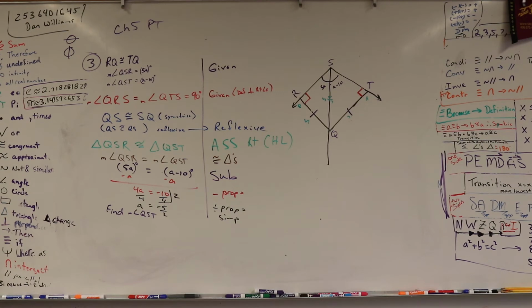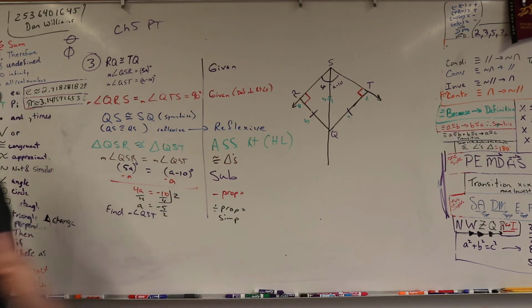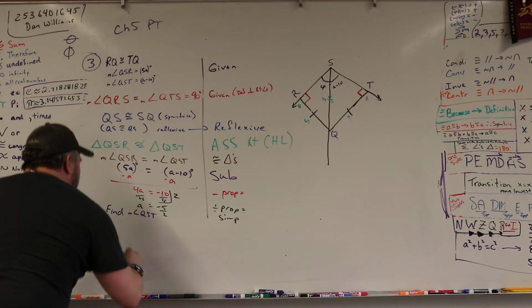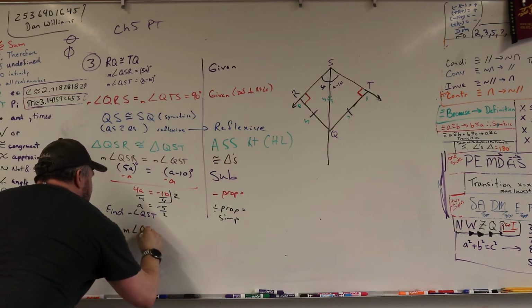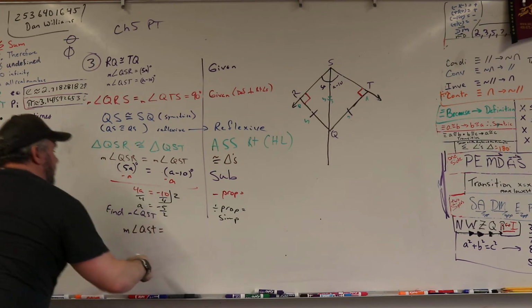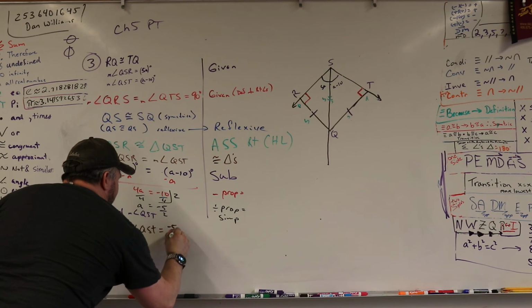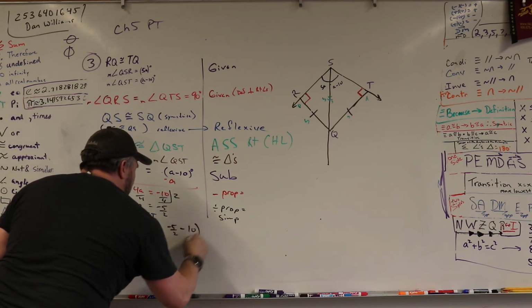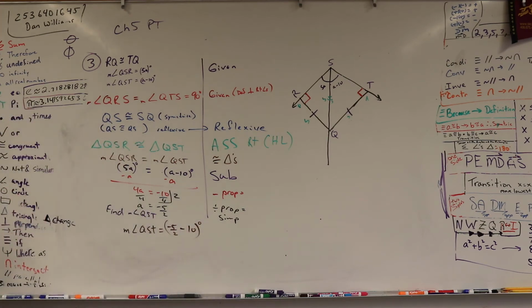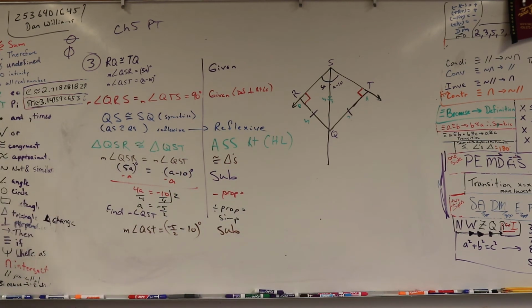Okay? They want QST. Which one's QST? A minus 10, right? So, we plug it in. Substitution. Measure of angle QST is equal to A, which is negative 5 over 2, minus 10. Okay? And so, that's substitution, right?